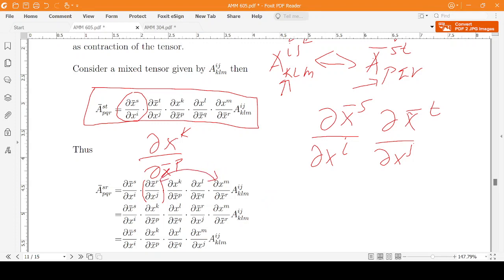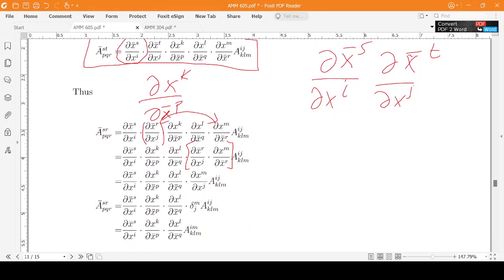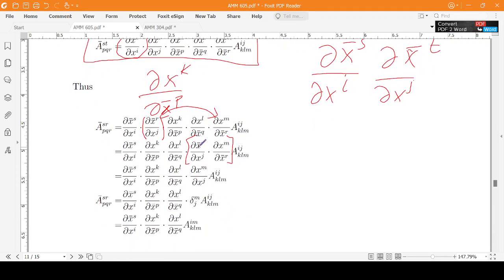These two, so that will give us, when we cancel out dxr here, we get dxm by dxj, which is the same as delta jm, and it's a value 1 when j is equal to m, and 0 for all other values of j.